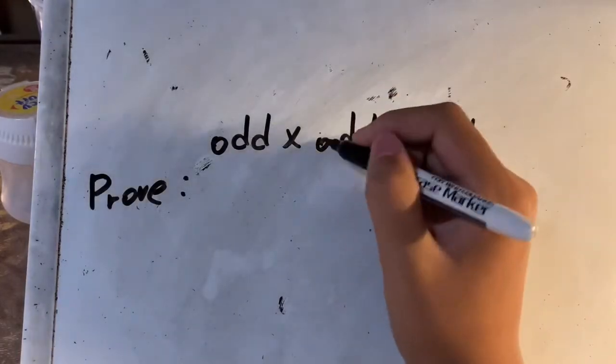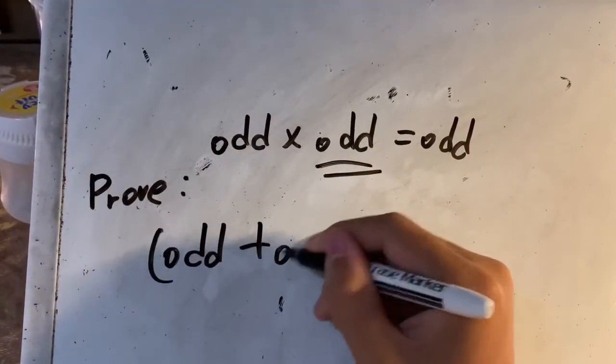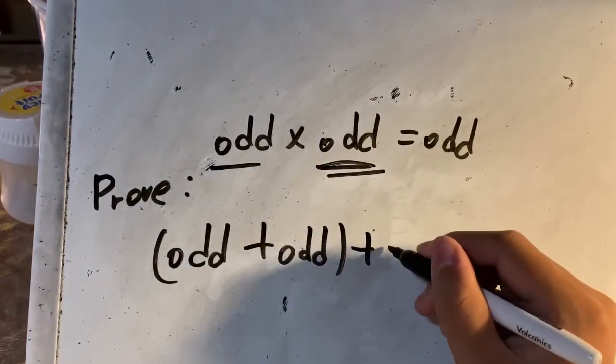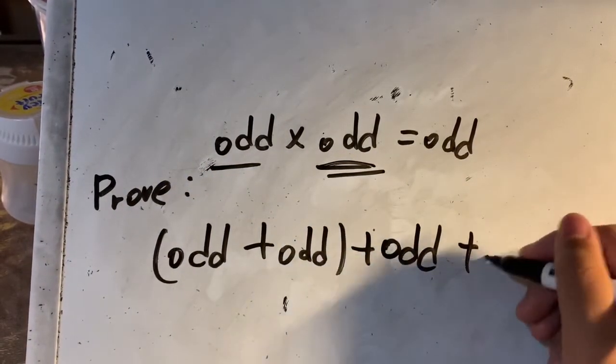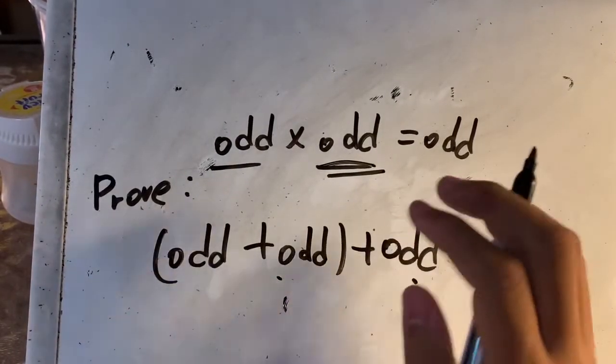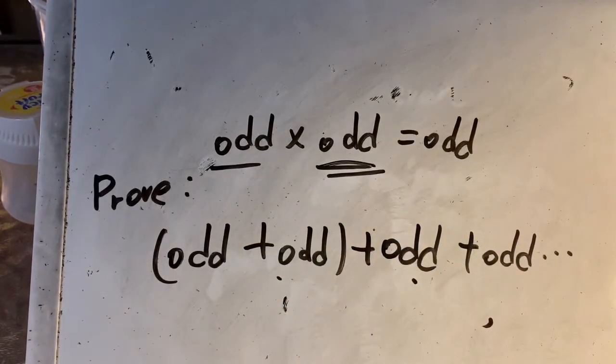Well, since we know odd is not divisible by 2, so we know that odd is this. The basic definition of multiplication is to add the numbers an odd number of times. But since it is an odd number, it is not divisible by 2.